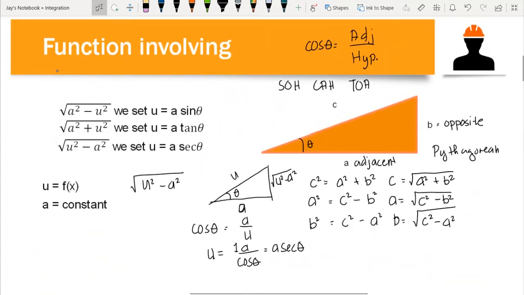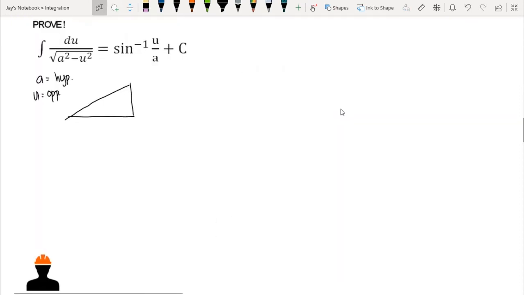So we can label this longest side in our right triangle as a, the hypotenuse, and u here is the opposite. Always our function of x is the opposite side, and this one is theta.